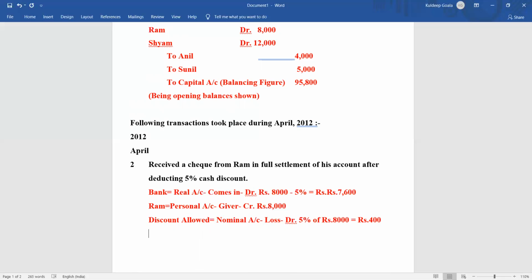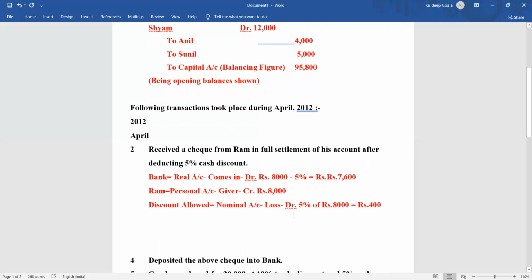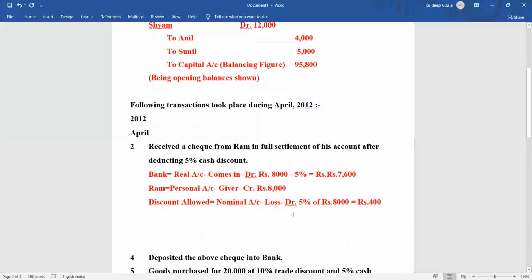So after that, what will happen? Just simply give the journal entry. So how will the journal entries appear now? Write down the debit first. So what is in the debit? First of all, it is bank, right? So bank account debit, how much? 7,600 rupees.